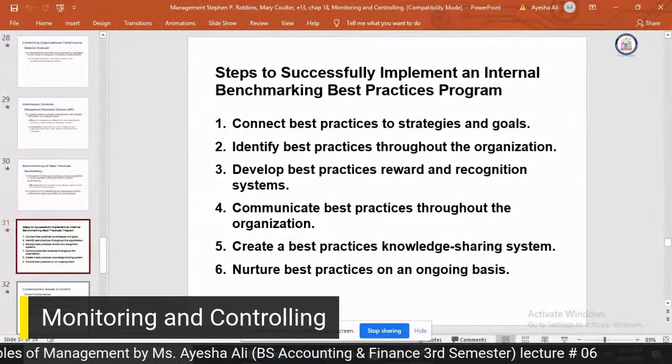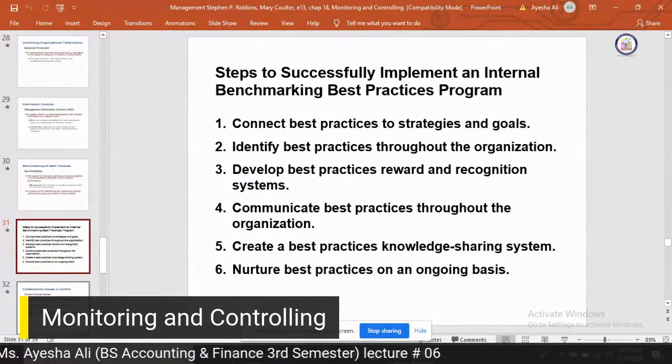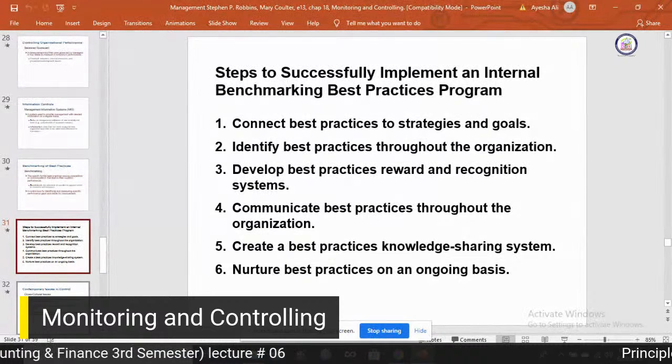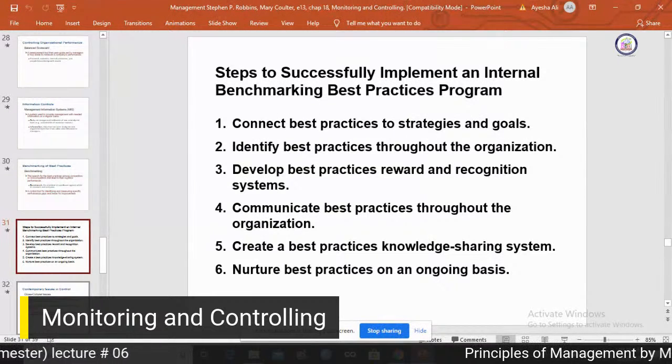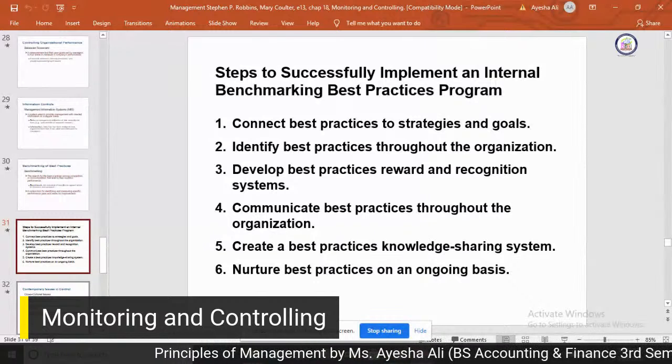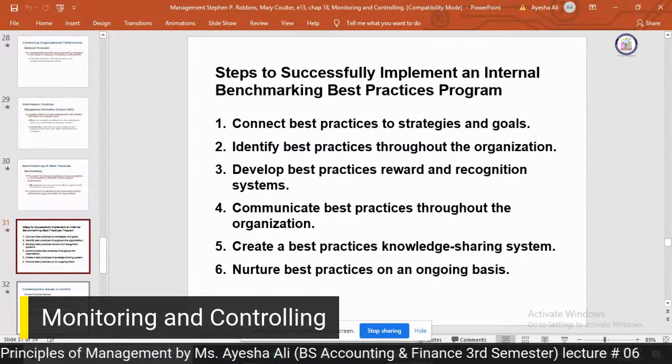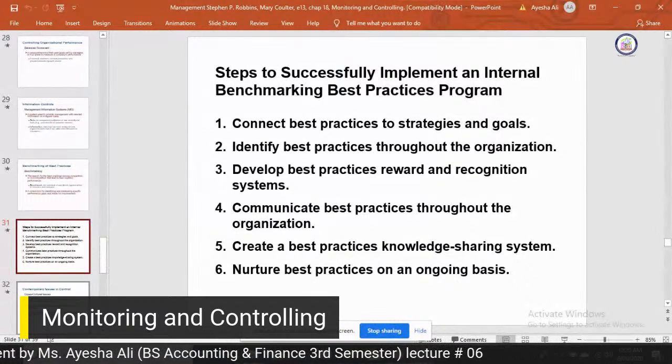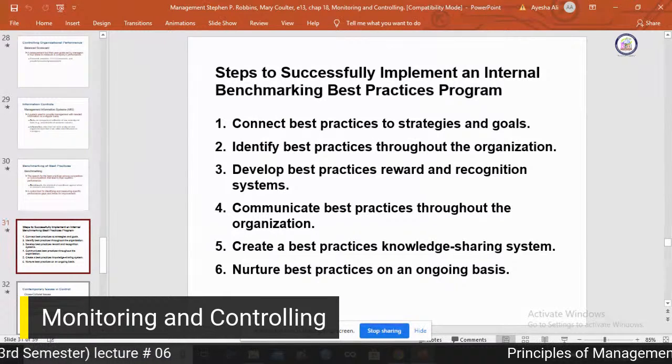Then identify the best practices throughout the organization. So we look at the organization and what best practices they are doing.